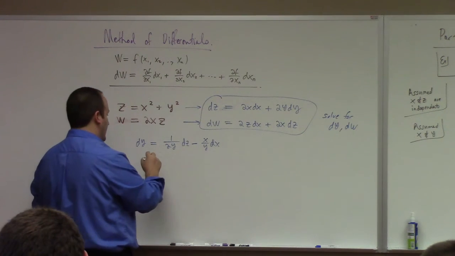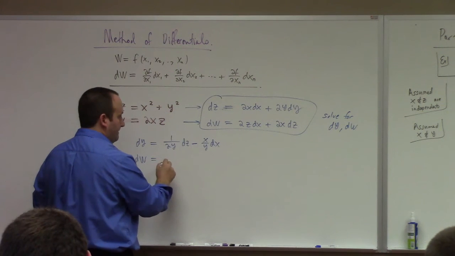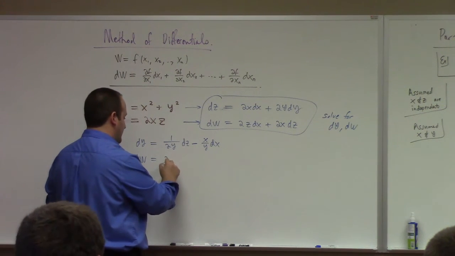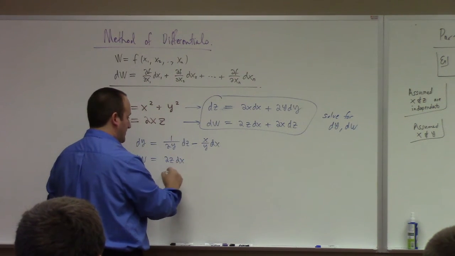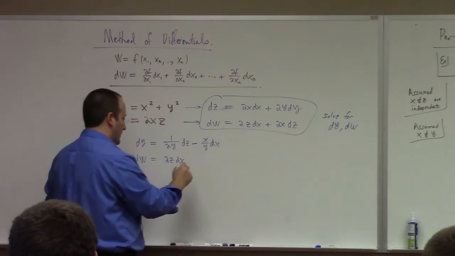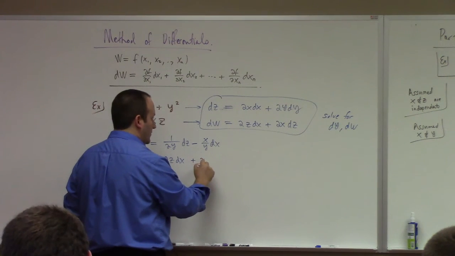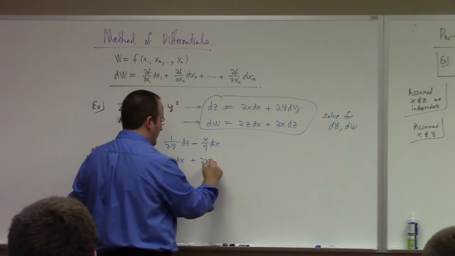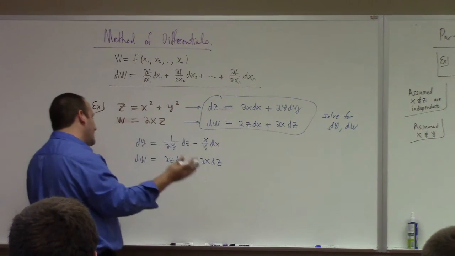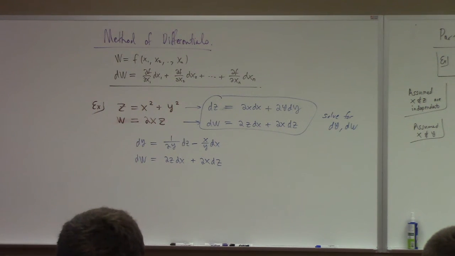And then how about the second one? dw? dw is what? Looks like it's 2z dx, right? Plus, oh, wait a minute. Oh, cool. Oh man, when I make up examples, they're usually nastier than they need to be. This is just right. This is truly wonderful.